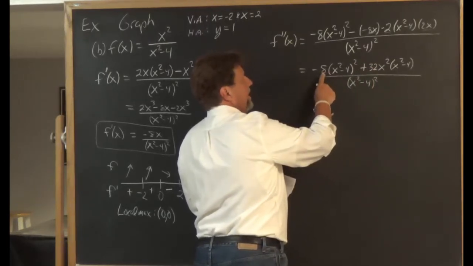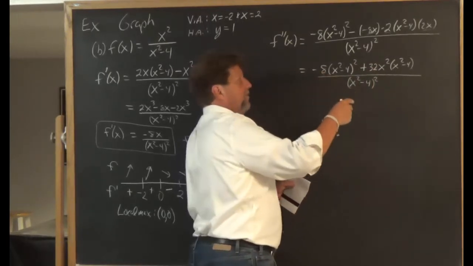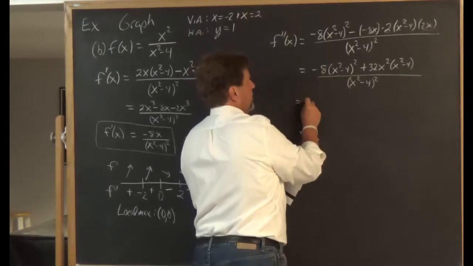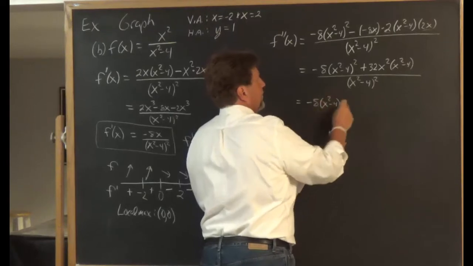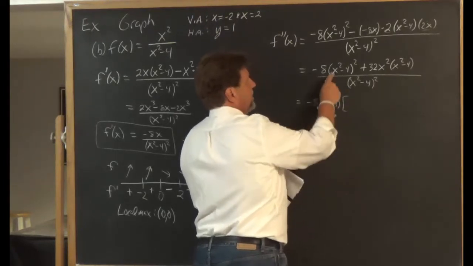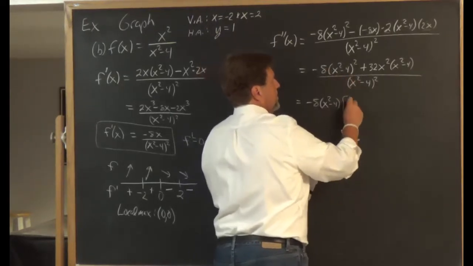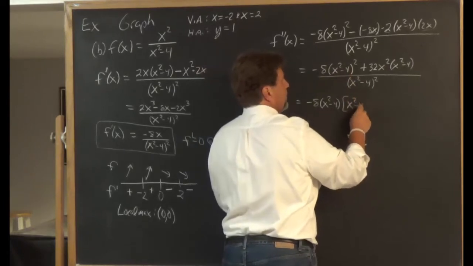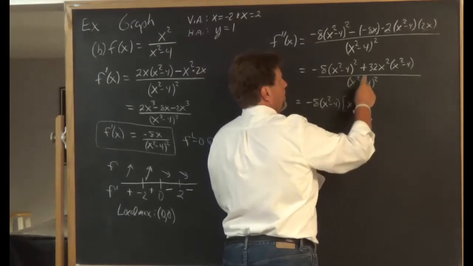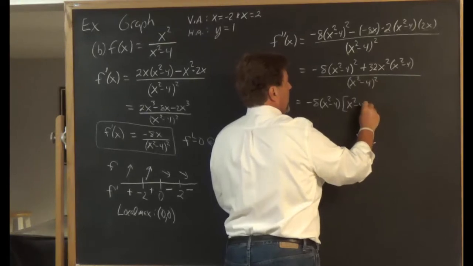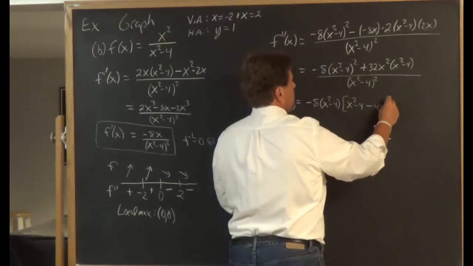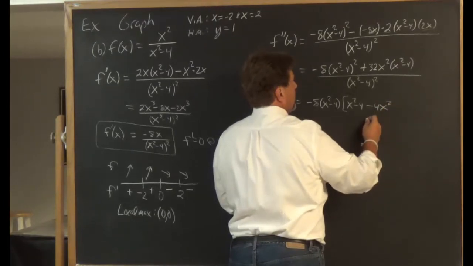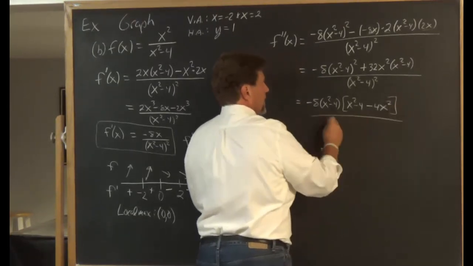Let's factor out a negative 8 times x squared minus 4 to the first power. If I factor this out of this term right here, I'm just left with an x squared minus 4 to the first power. Here I would have a minus 4x squared. Oh, that's it. Well, that's not too bad.